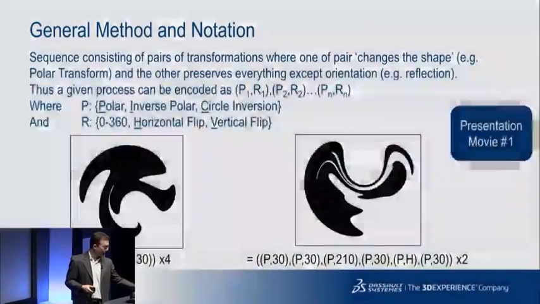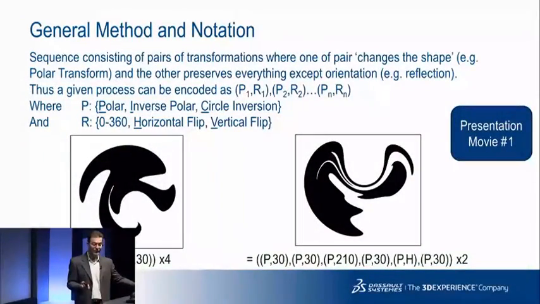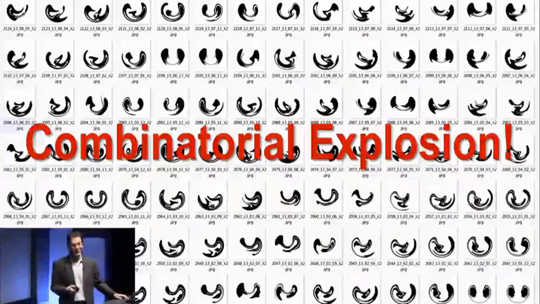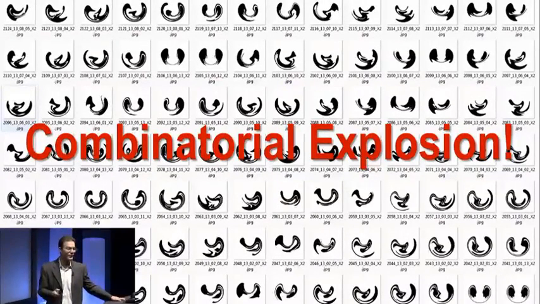And so when you start going back to thinking about a systematic exploration, that leads to a combinatorial explosion, right? If you try and enumerate every single possible squiggle that you could get out of this system, you're rapidly going to fill your hard drive. I generated a few tens of thousands of these things, and then it's like, okay, wait, this is ridiculous.